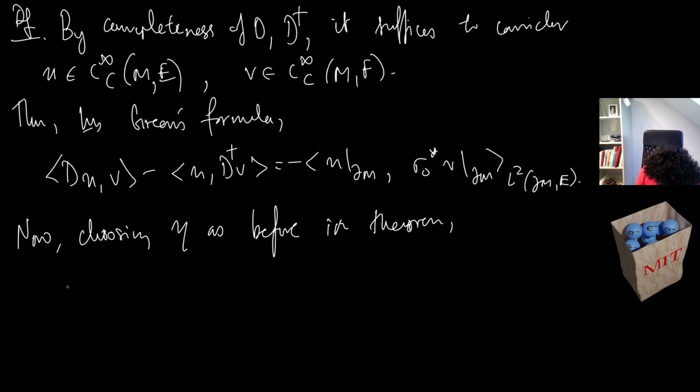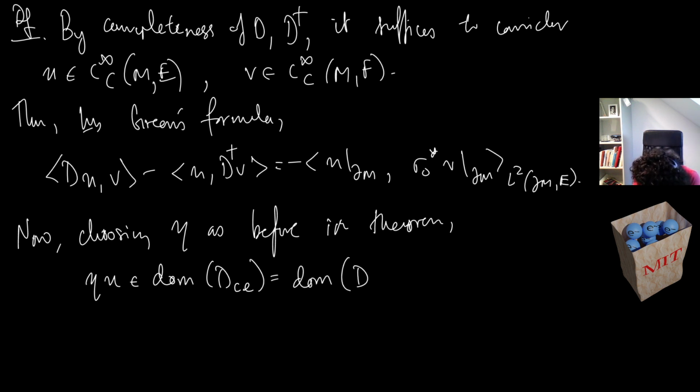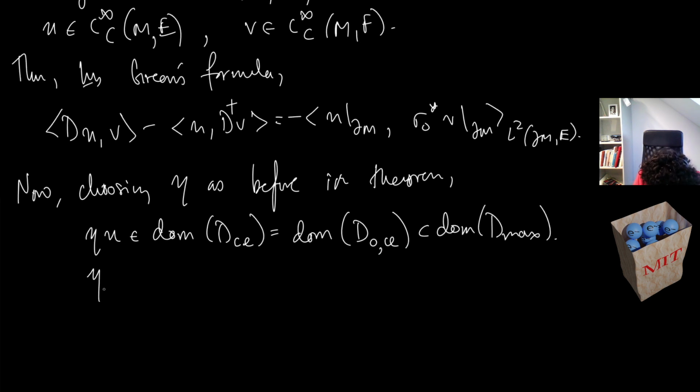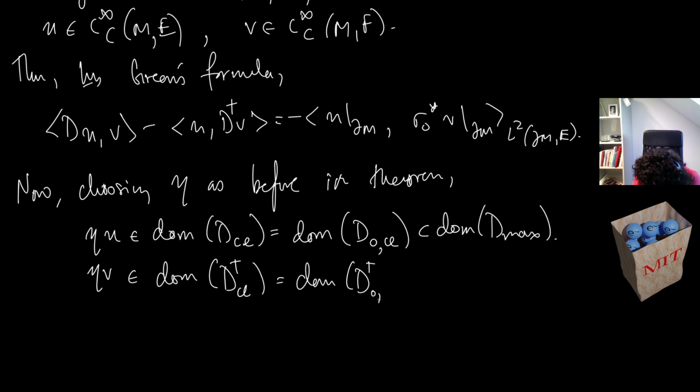We have that eta of u is in dom D cl, which is equal to dom D naught cl, which is contained in dom D max, and eta of v is in dom D dagger cl, which equals dom D dagger naught cl, which is contained in dom D dagger naught max. Good.